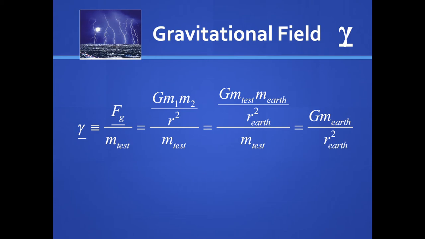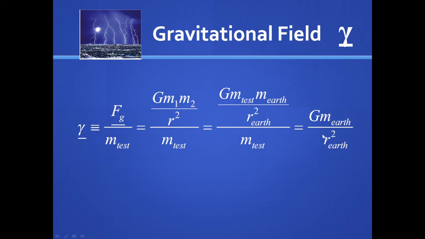And you've already been doing that, as it happens, because if you use this formula, big G times Earth's mass divided by Earth's radius squared, to try to determine the strength of Earth's gravitational field on Earth's surface, you get 9.81 meters per second squared.